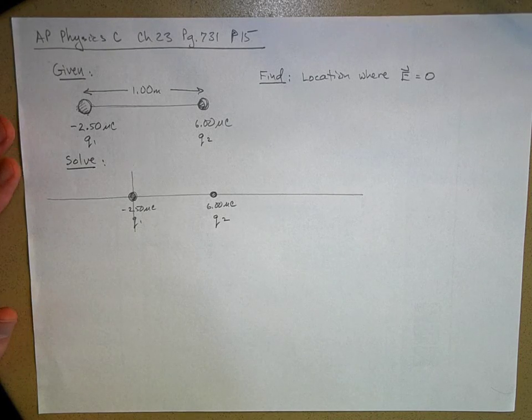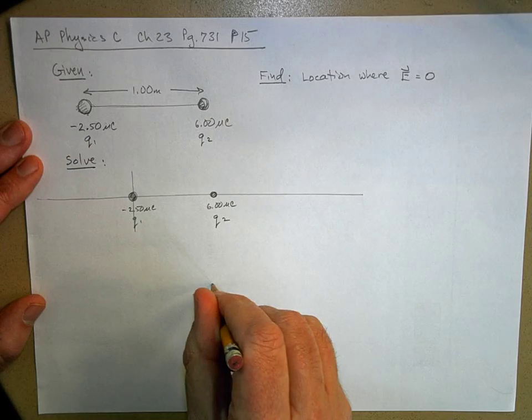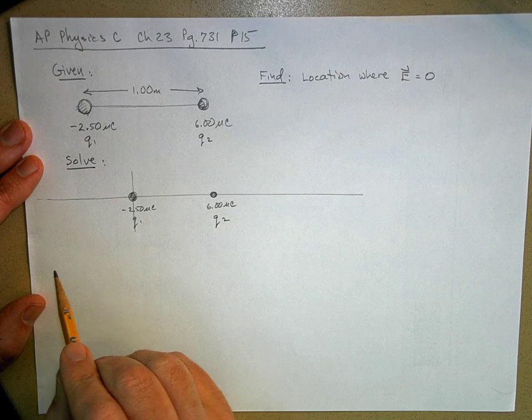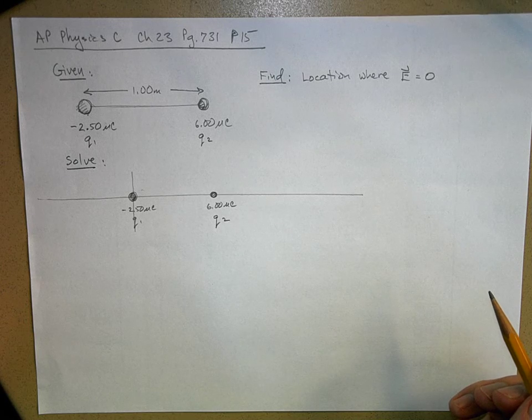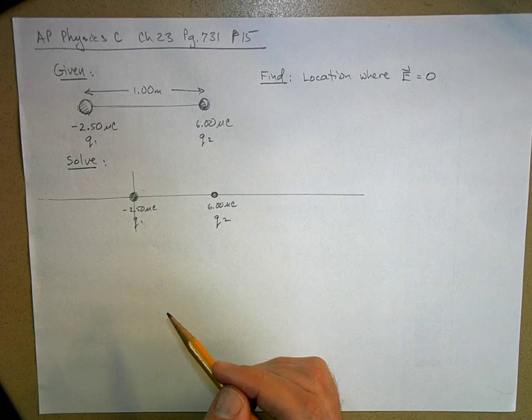Now, I want to know where along this line. First of all, if you're off the line, the electric field from these two charges cannot cancel out. You need the electric field from the two charges to cancel out.